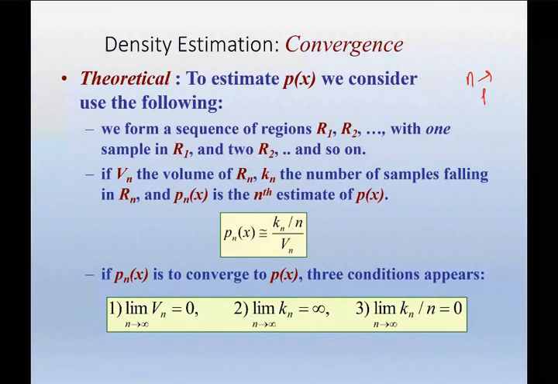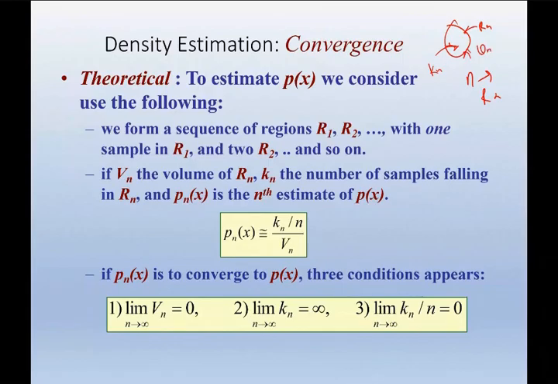If Vn is the volume of the nth region Rn, and Kn is the number of samples falling in Rn, so there are Kn samples in it and the volume is Vn, then the estimate of p of x is Pn of x equal to Kn by n by Vn.